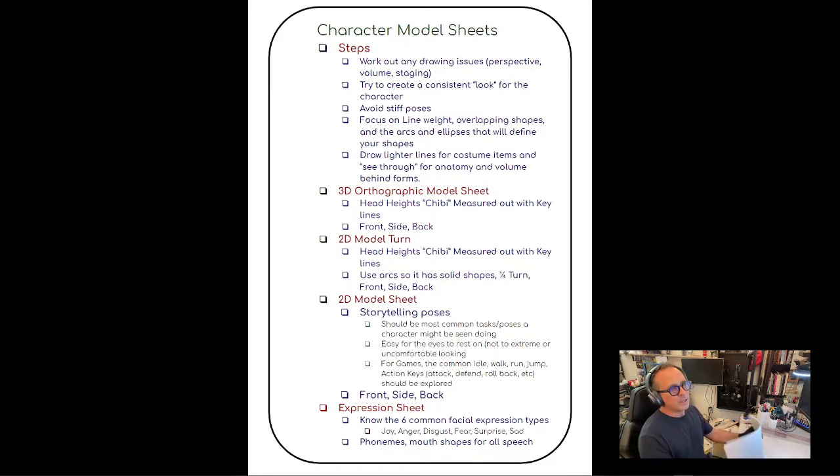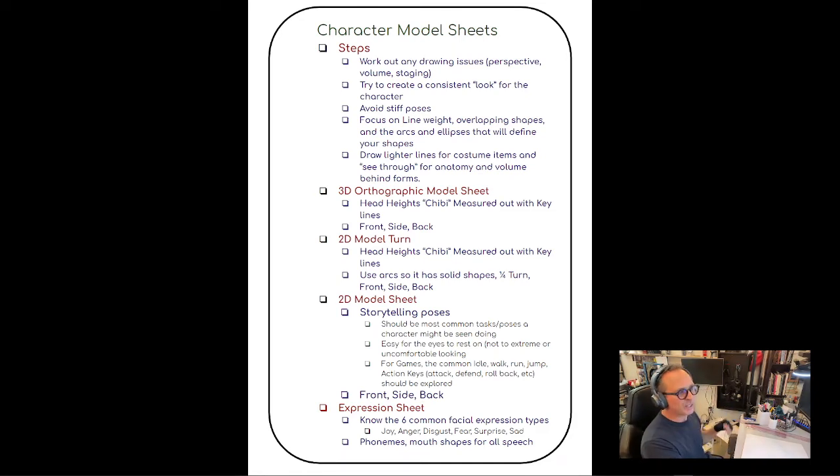And so in the 2D phases, we had you really focusing on working out the drawing issues: perspective, volume, staging. We're going through the gesture, the silhouette studies, and we're trying to get a consistent look, but we're having you really explore design and come in with a unique character that's not just a rehash of your favorite existing IP or fan art, something like that.